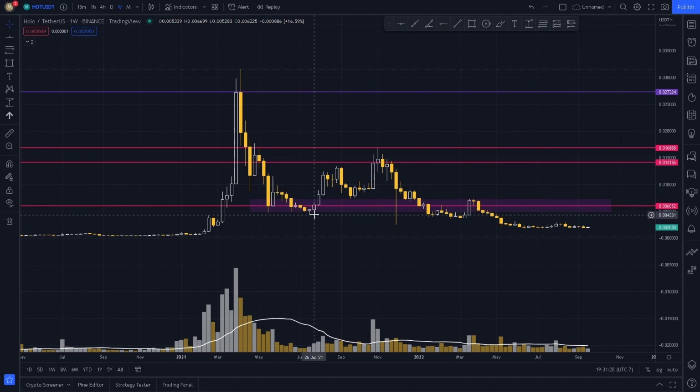Price came down, and we can see this long wick here with bullish momentum that followed. Price came down with a long wick rejecting from this level. As price continued to fall, we saw price come back up. Now our support flipped into resistance, and price failed to break back above, so it has fallen.